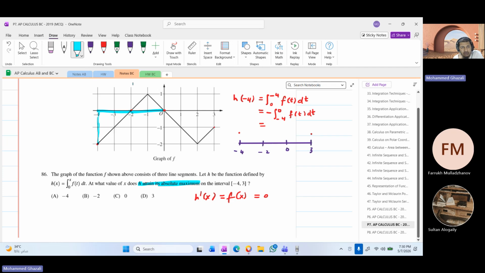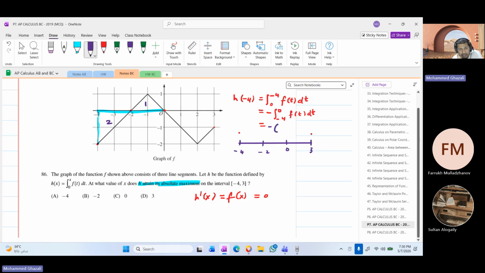There's no absolute value, obviously. So the area under the curve from -4 to -2 is half base times height. The height is 2, the base is 2, and half of 2 times 2 is 2. So that area is 2. Then, from -2 to 0, half of base is 2, height is 1, so that is just 1. Because this is below and this is above, the net area will be negative.